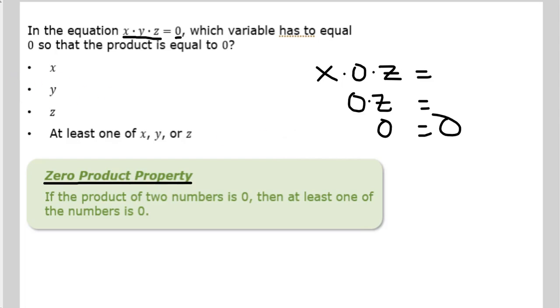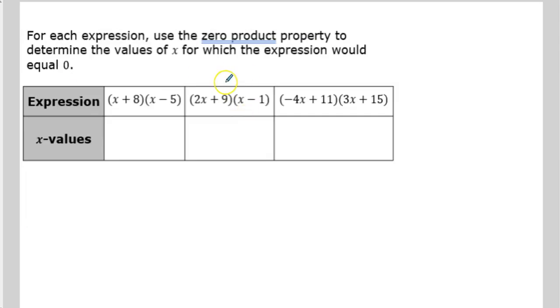The reason that's helpful for us is if we get an expression into factored form, we can set each of those factors equal to 0. So for our first expression here, this is already in factored form. We know it's in factored form because everything is in a parenthesis multiplying by another parenthesis. Each of these parentheses is representing a number.